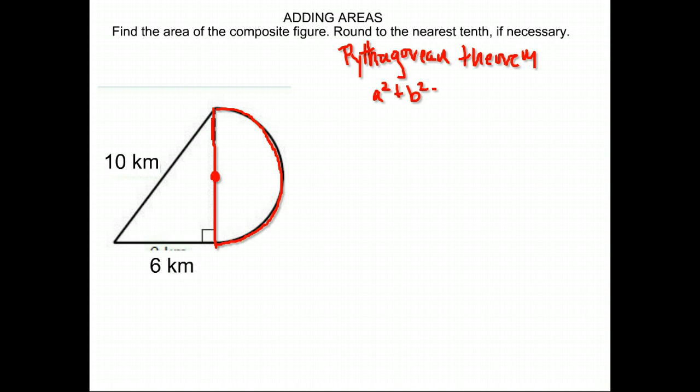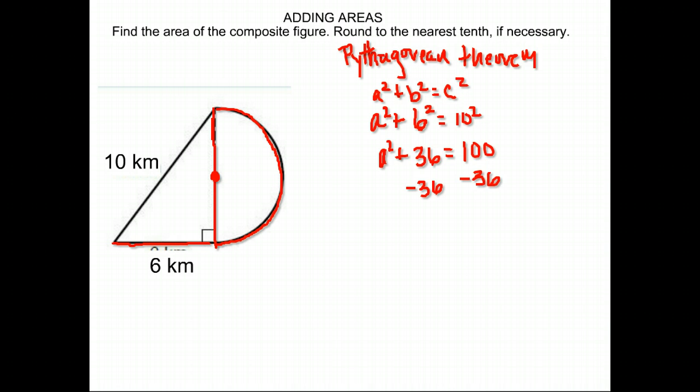So once again, here we go. We have a right triangle, so we're going to use the Pythagorean theorem to find something that's missing. So looking at the triangle, one of our legs is 6, and one of the legs we don't know. So I'm just going to leave A as A, and B is 6. The hypotenuse, C, is 10. If I square both, 6 times 6 is 36, and 10 times 10 is 100.